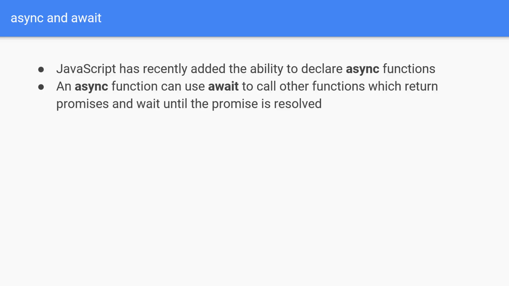JavaScript has recently added a new async await syntax that allows us to write promise-based code as if it were synchronous. An async function can use await to call other functions which return promises and wait until the promise is resolved.